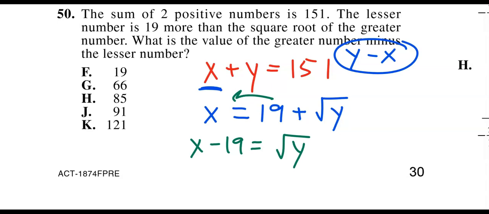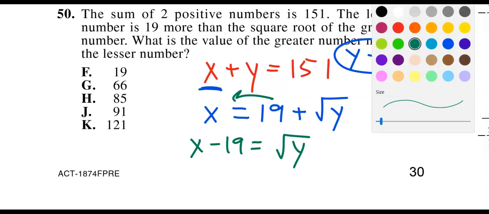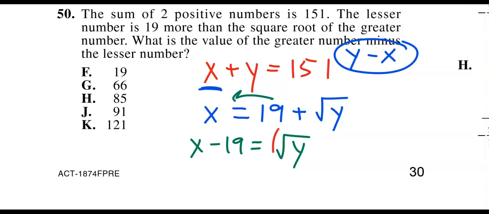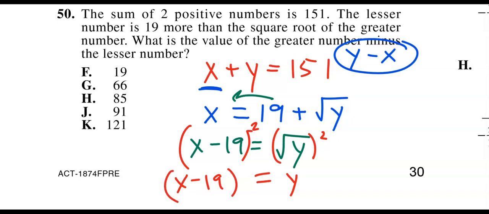What can I do to get rid of the radical? Square it, right? Now that would make my life easier, right? Because now I have y on this side equals x minus 19 quantity squared.